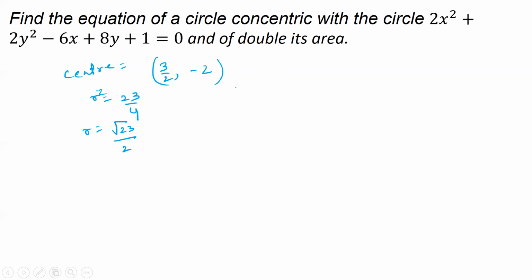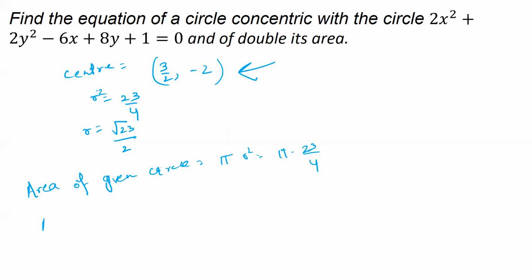Now the question says that I have to find out another circle with this same center, 3 by 2 and minus 2, and the area should be double. So let's quickly find out the area of our required circle. Area of the given circle is pi r square, which is pi into 23 by 4.